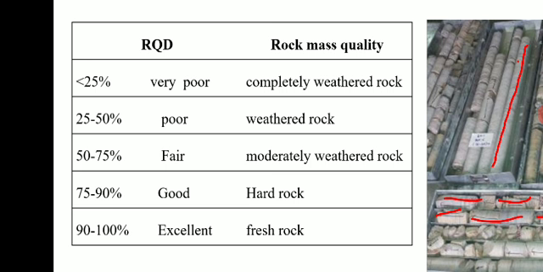If it is between 25 to 50%, then it is poor, and that shows the rock is weathered rock.